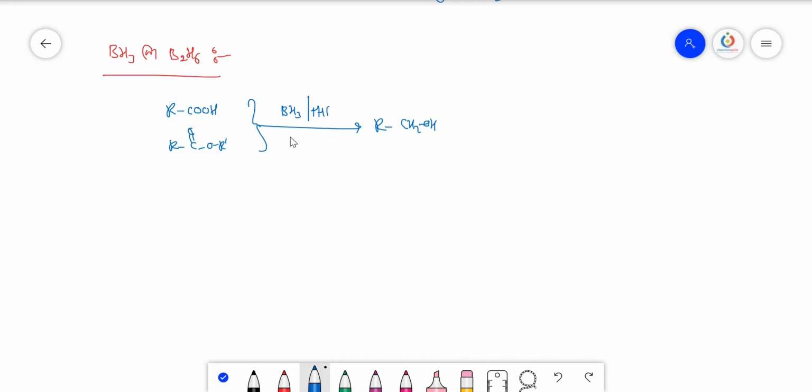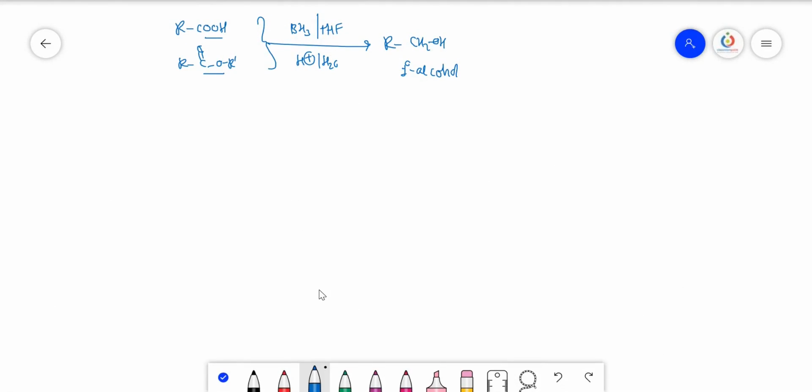Whenever you are using the BH3, you have to use the THF, followed by H plus, and H2O is common in lithium aluminum hydride, sodium borohydride, and diborane everywhere. Okay, so its main selective reducing property is only to reduce the carboxylic acids and esters to the primary alcohol, and it will not reduce other functional groups like RCOCl, acid halides, and all these will not be reduced.